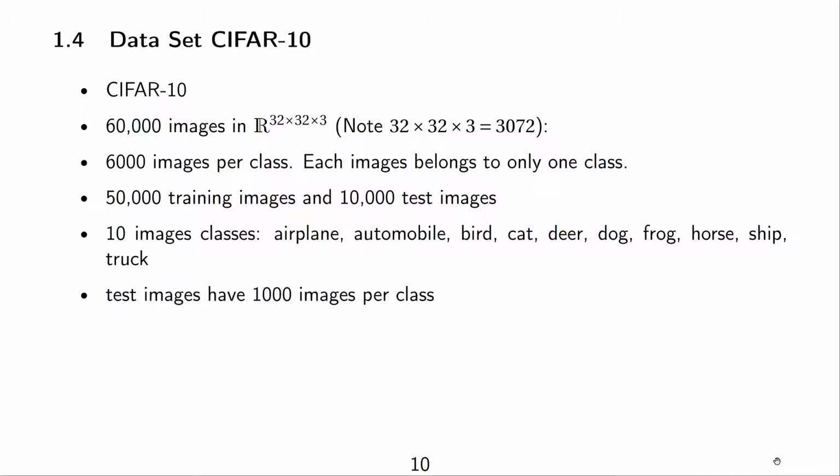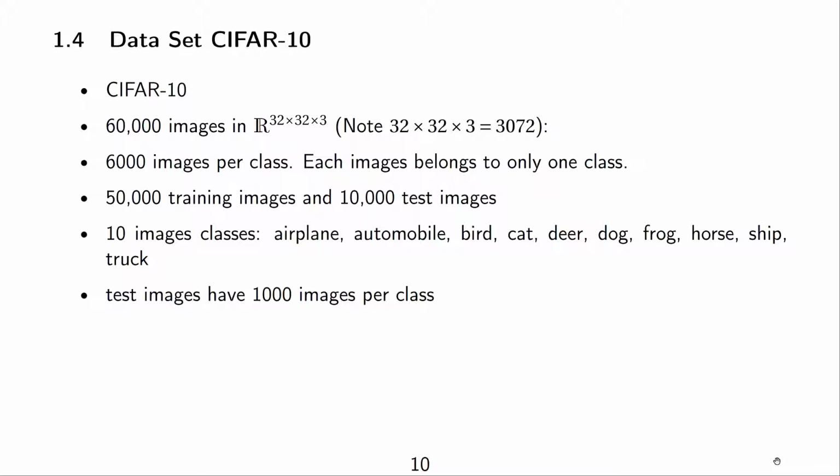So now we're going to look at one particular dataset. This is a bit smaller dataset, and it's called CIFAR-10. CIFAR-10 consists of 60,000 images that are a bit smaller. The images are of size 32 × 32 width and height, and they have 3 channels RGB.